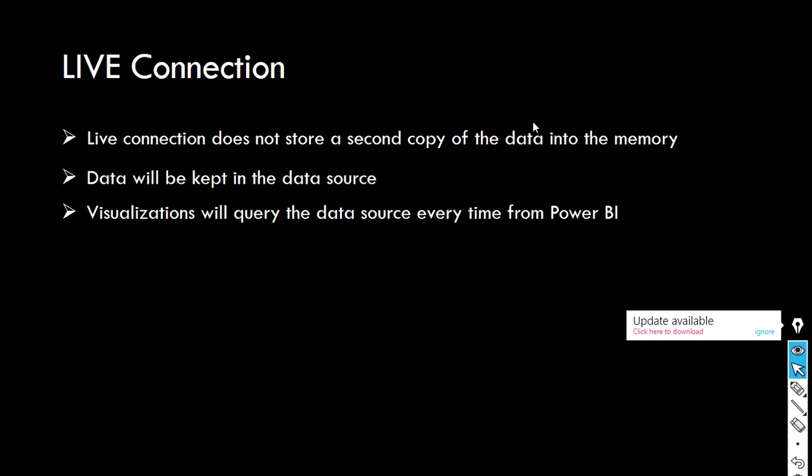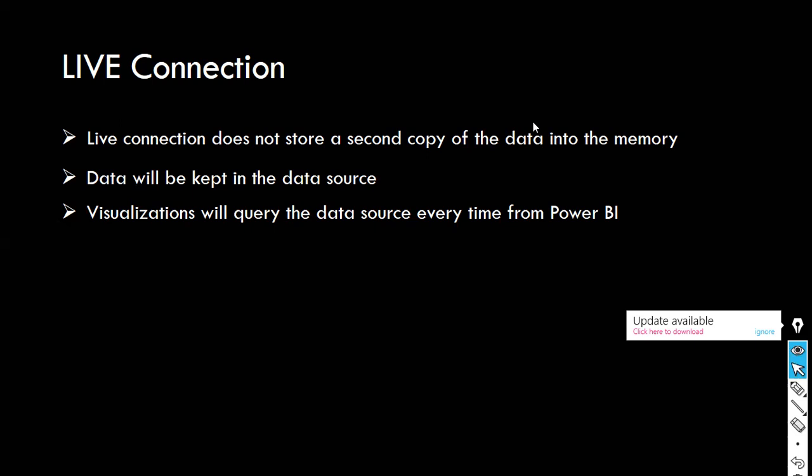Let's say the data model is already there in your SSAS. The customer tells you, hey, you don't have to do the data model, everything is already available in SSAS. In that case, you can use live connection mode. With live mode, you can connect directly to your SSAS source system and pull the data model here.